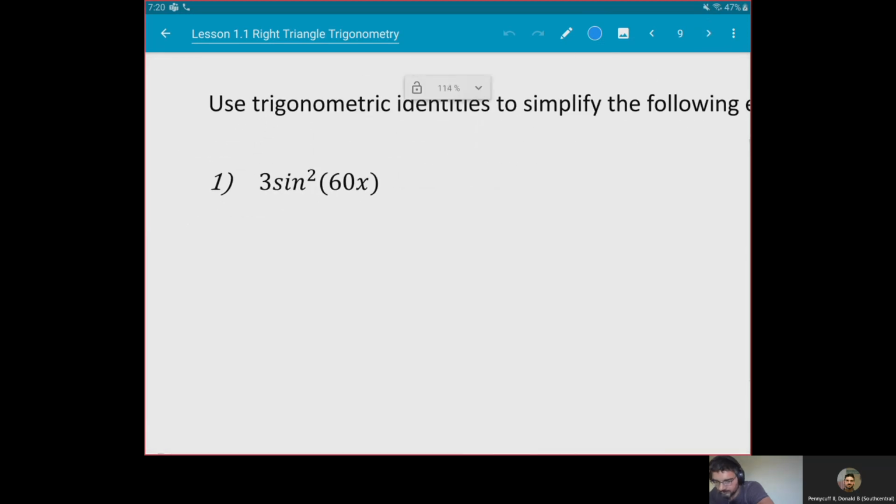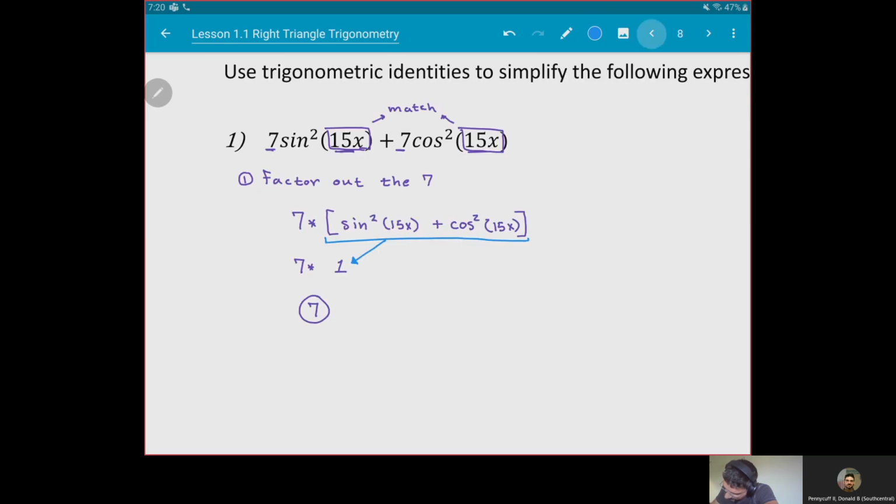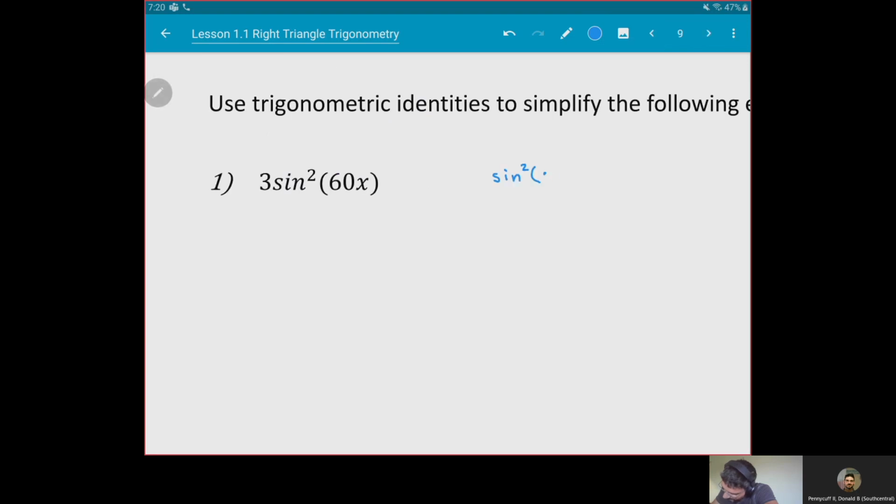So right here I have sine squared of 60x. Now what we'll talk about in the next unit is when things are raised to the second power, they just become a heck of a lot harder to work with. So there is actually a formula that I can use. Sine squared of x is equal to 1 minus cosine of 2x over 2, okay?